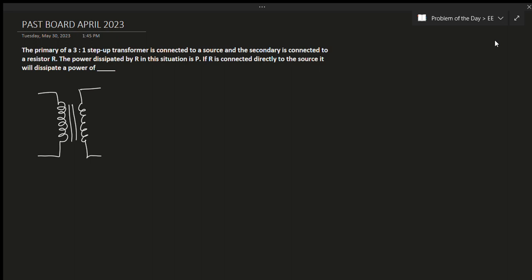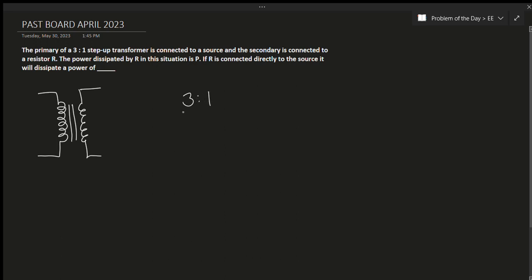For us to solve this problem, first we must go back to the concept of a transformer. So here it was stated that the primary of a 3 to 1 transformer.